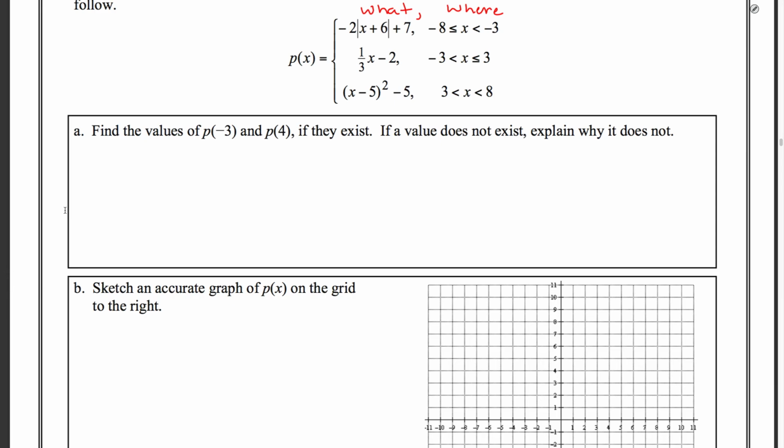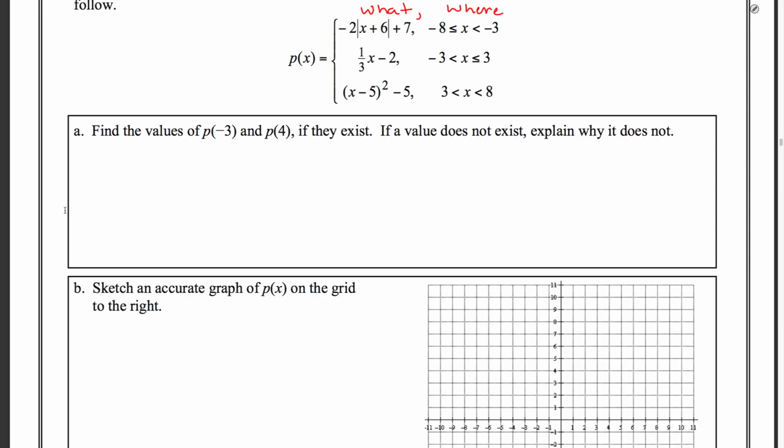What and where? The first part is the what. There are mathematical words, like for instance, the second part is called the constraints of the equation, and the first part is called the pieces of the equation. But I just sum it up as the what and the where that needs to be done.